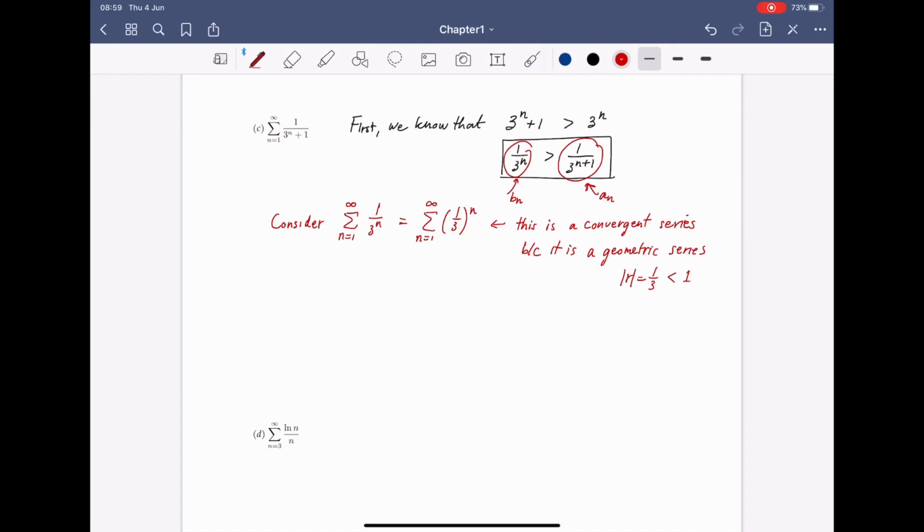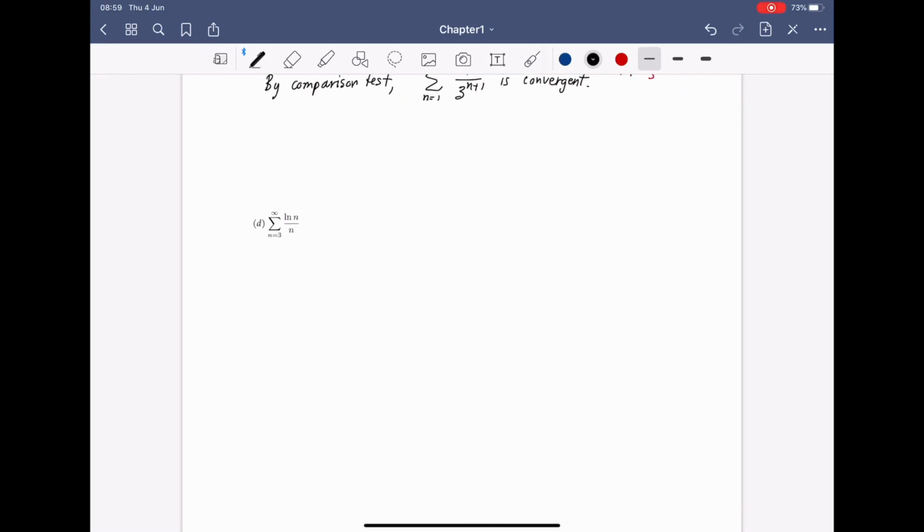And when you have a convergent series that dominates the thing that you wanna compute, by comparison test, the summation of 1 over 3 to the n plus 1 here is also convergent. All right, done.